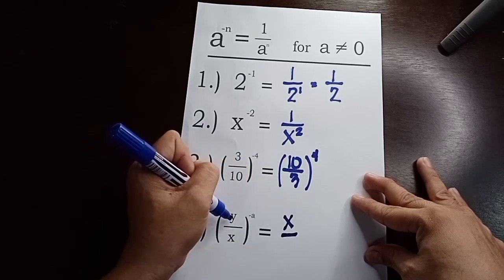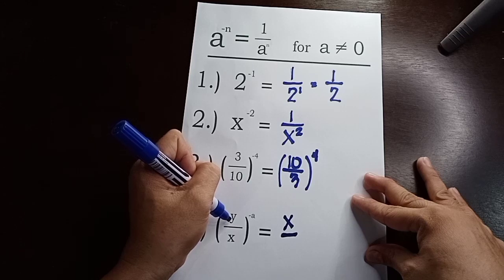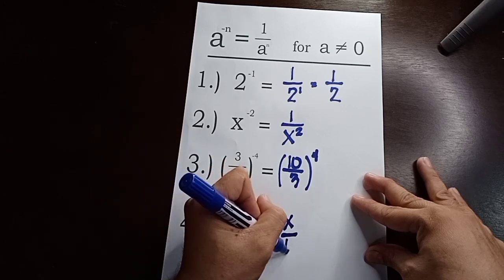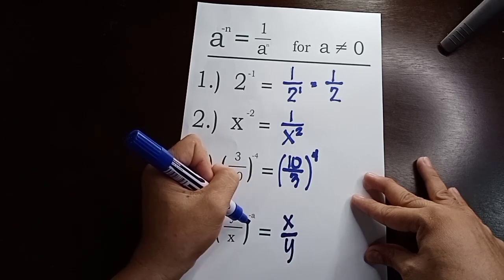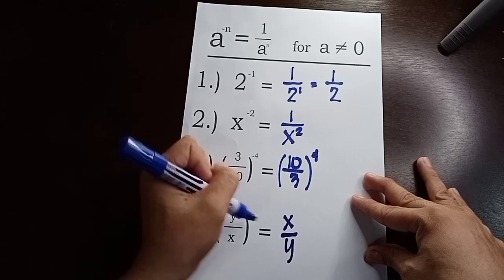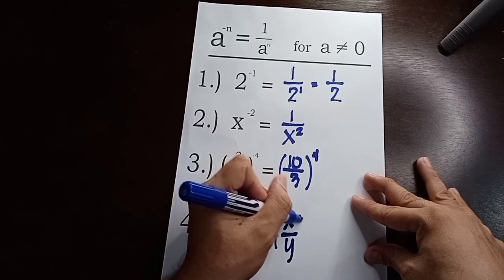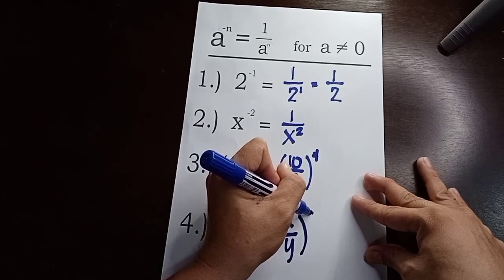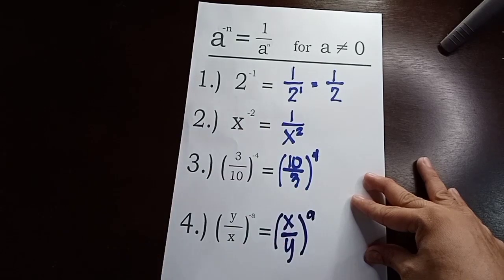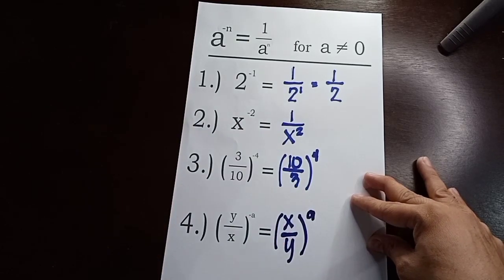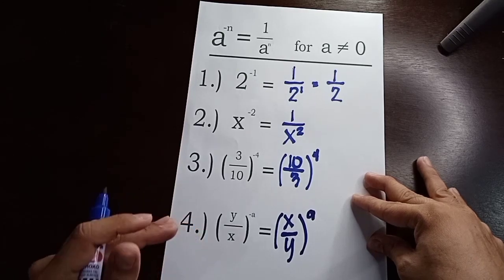At ang numerator natin na y magiging denominator. Gagawin lamang natin ito kapag ang ating exponent ay negative. At magiging siyang positive a. So, this is the negative exponent rule.